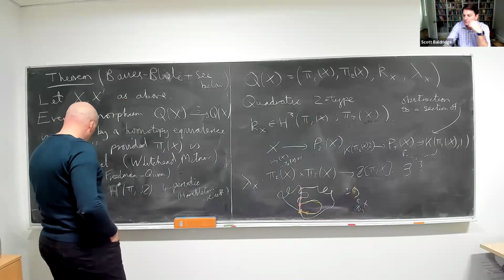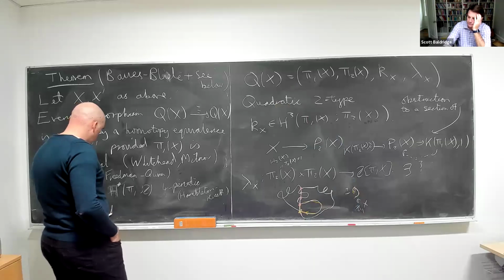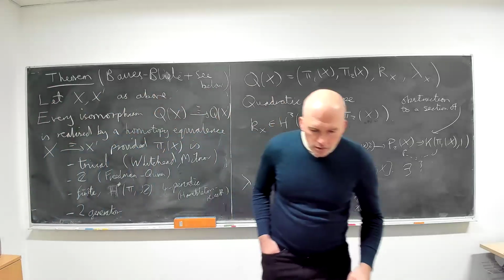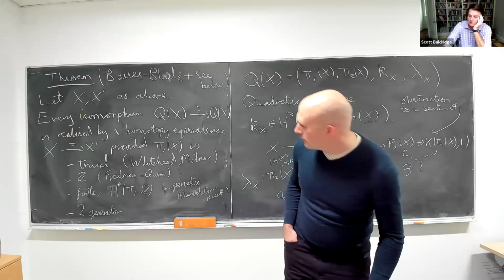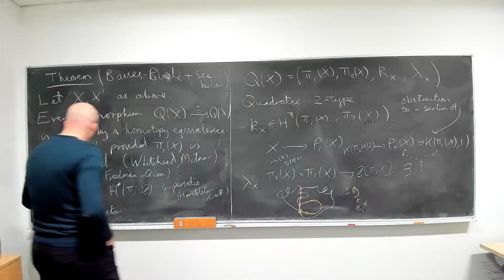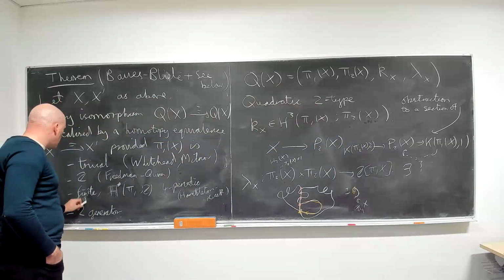I'll ask a question. So for the Hambleton-Kreck theorem, is that just that there's a finite number of types? Can you say a few more words about it? Oh, I mean here finite as in a finite group.